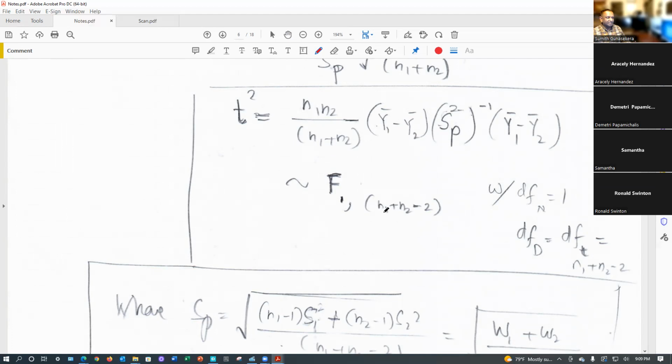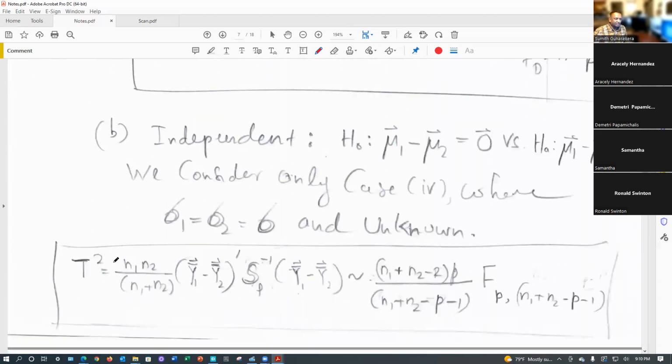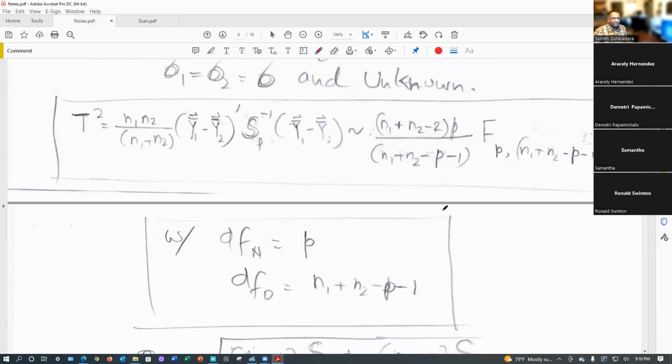Here, T squared doesn't become an F distribution right away. T squared has to be multiplied by this factor, and the degrees of freedom for the numerator and denominator are this part. Note that very carefully.